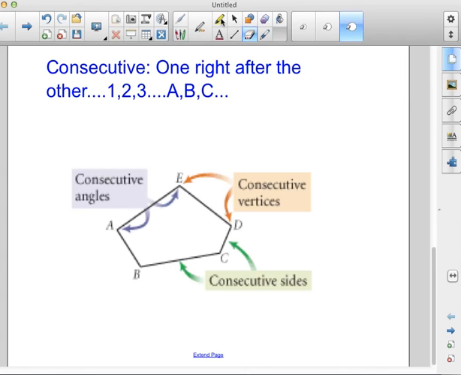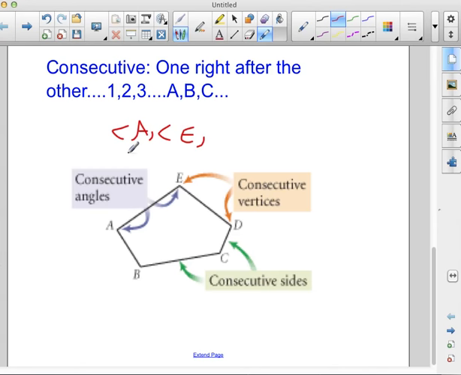I can say that angle A and angle E are consecutive angles. I could also say that angle E and angle D are consecutive angles. Are angles A and C consecutive? Are these two consecutive? No. The answer is no. They are not consecutive angles.